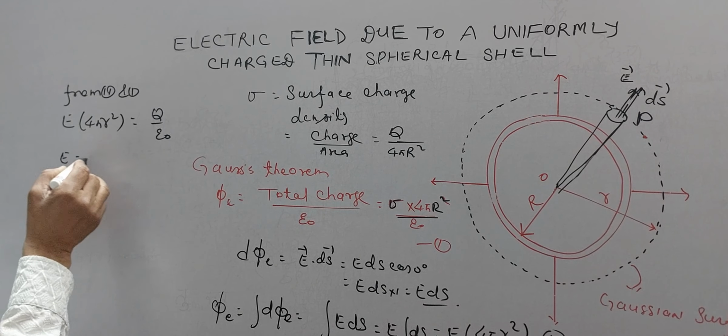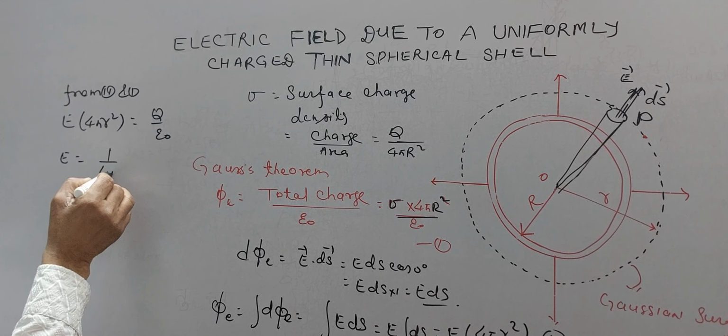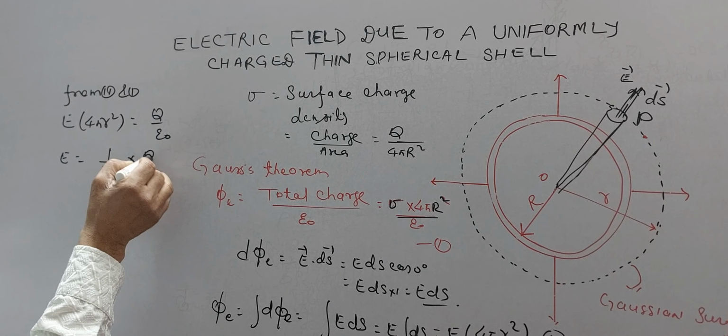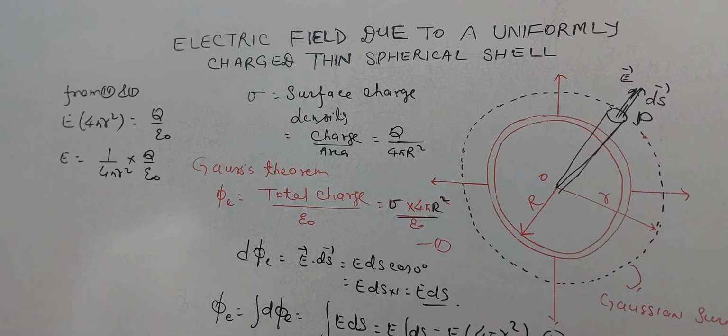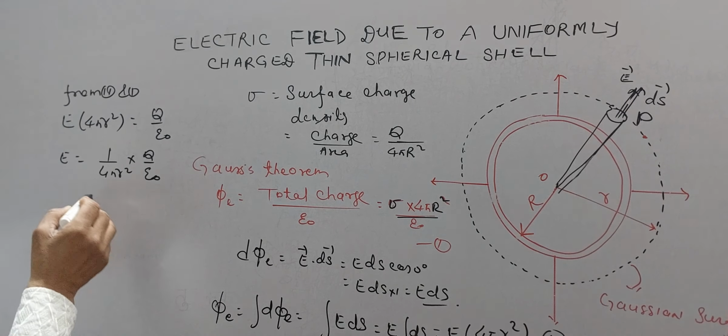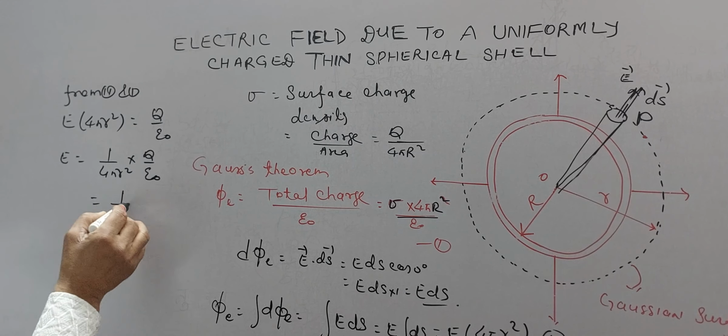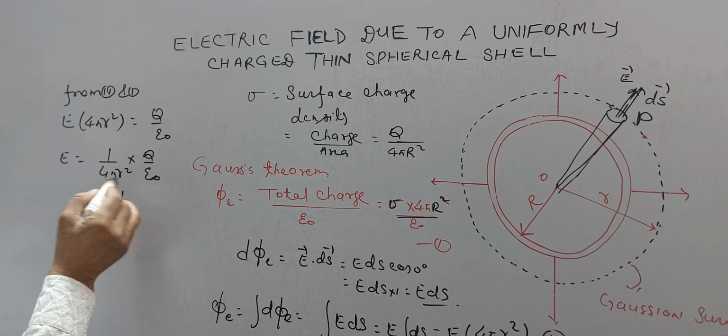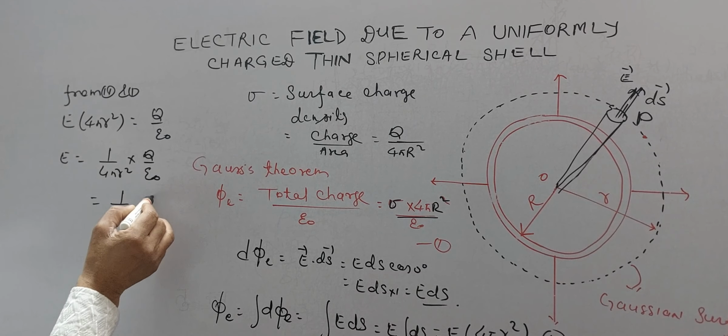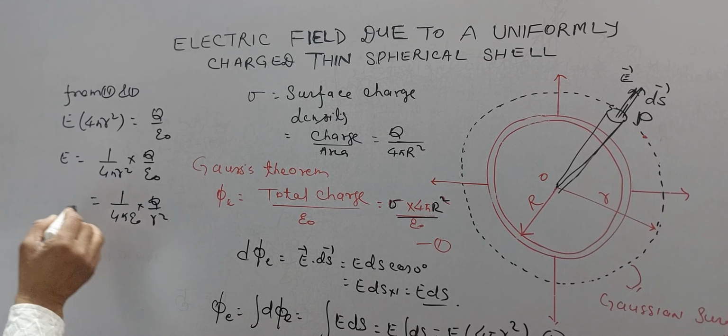Therefore E is equal to 1 upon 4 pi r square times Q divided by epsilon naught. Rearranging this, E equals 1 upon 4 pi epsilon naught times Q divided by r square. This is the formula.